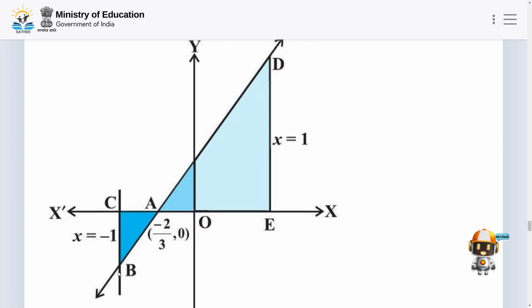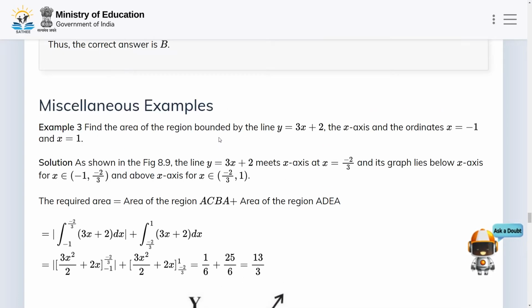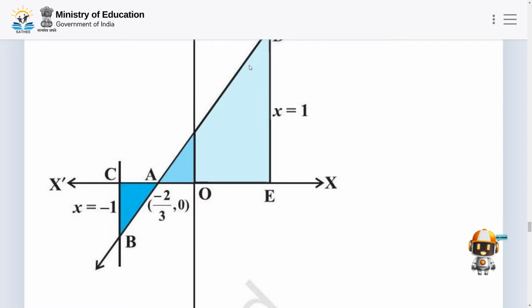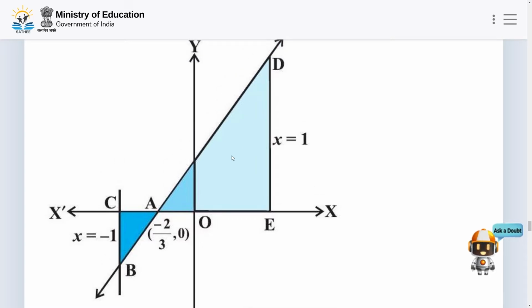Your graph looks like this, y equals 3x plus 2 will be your line. Now what you want is the area from x equals -1 to 1. This means these three areas you want: first one, second one and third one.